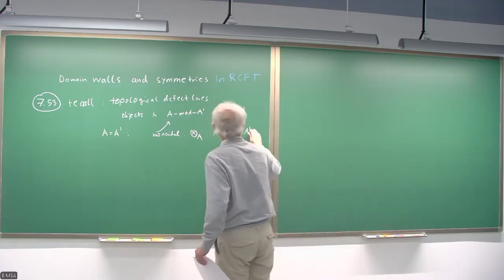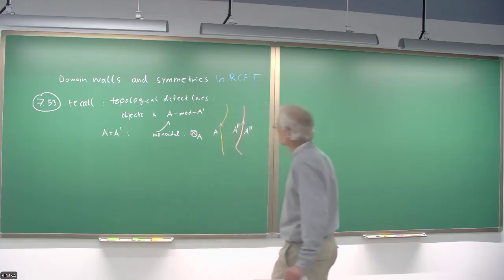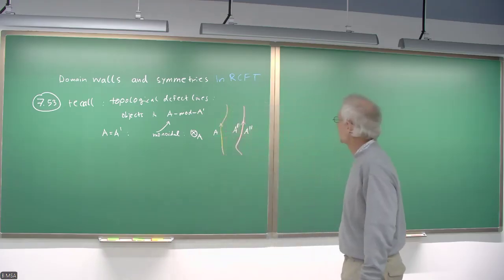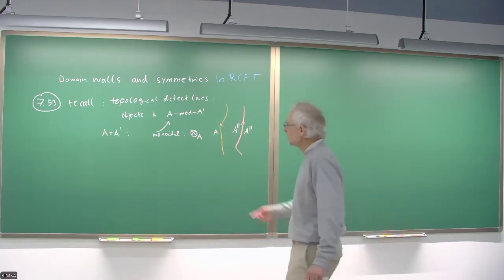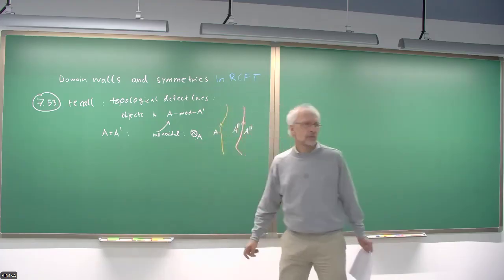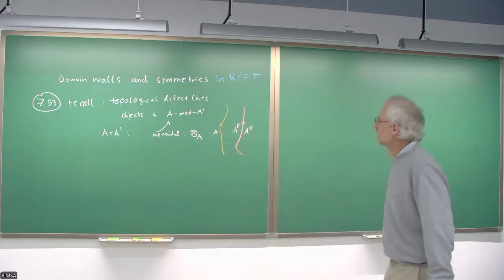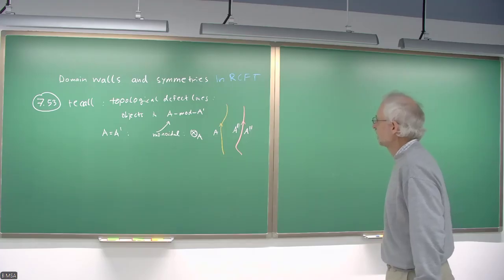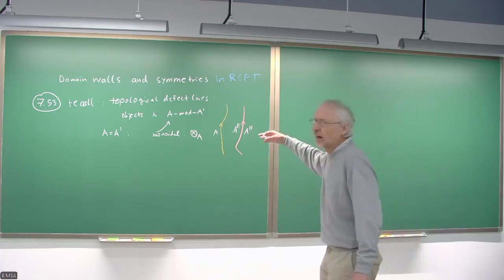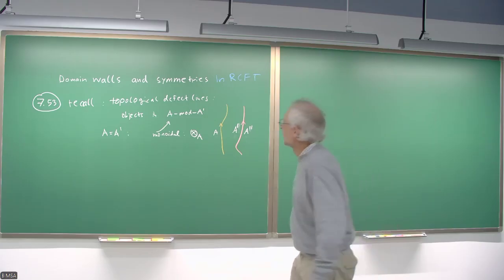Say an A-A prime bimodule and an A prime-A double prime bimodule. Then we still can use the same prescription as for the tensor product here to get a kind of algebroid structure.